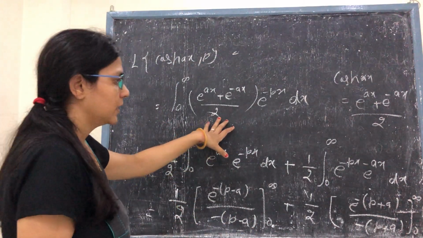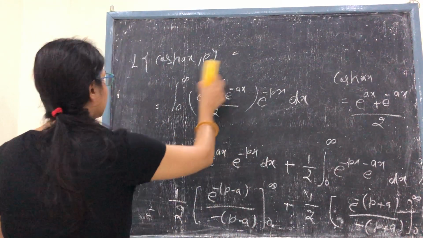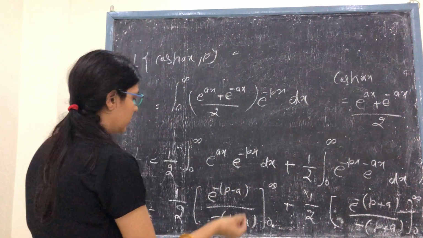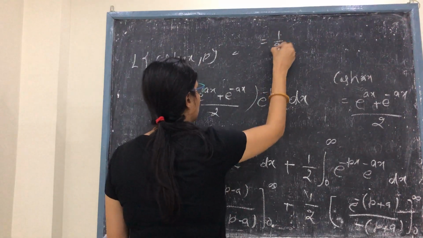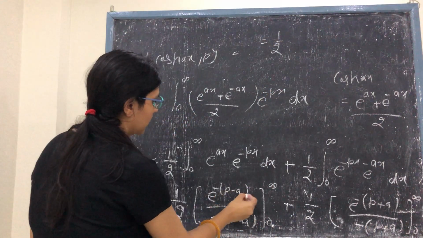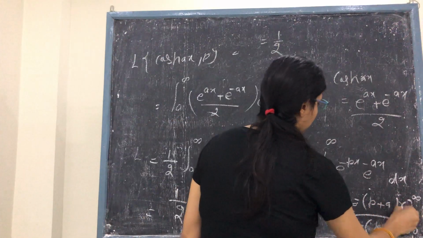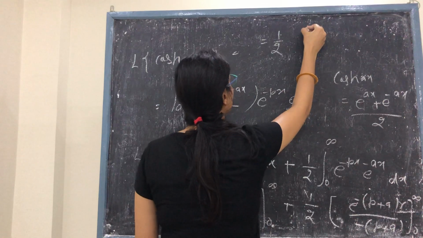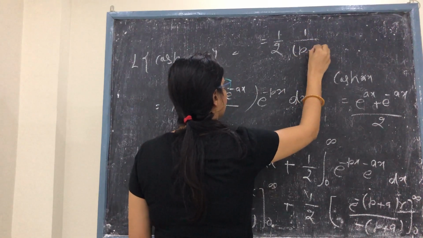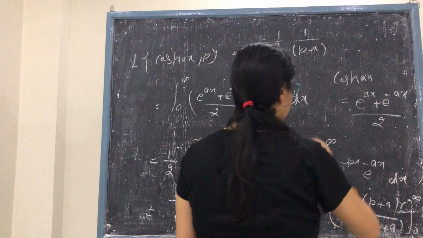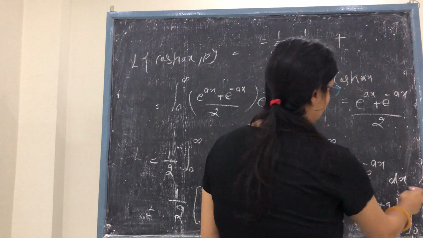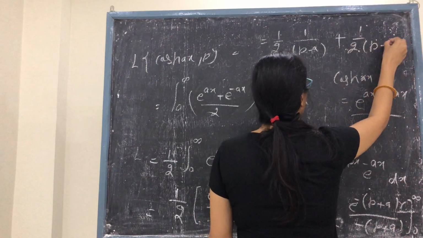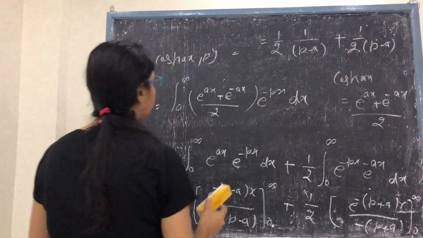Simplifying by integration, applying infinity it becomes 0, and applying 0 it is 1 upon p minus a. Similarly for the second term, applying infinity gives 0 and we get 1 upon p plus a, each with a factor of 1 upon 2.